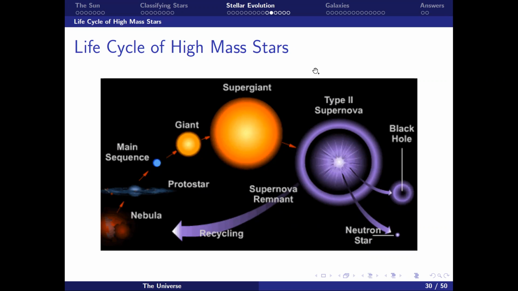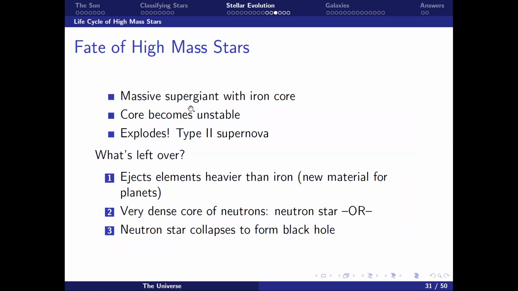This says recycling down here at the bottom because some of this stuff that's blown off forms the basis for new stars being able to form. So it restarts the life cycle of stars. So for a massive supergiant, a red giant has gone up to a carbon oxygen core.